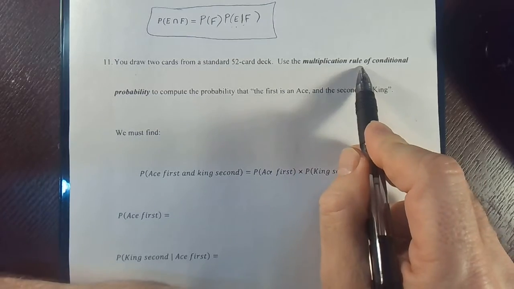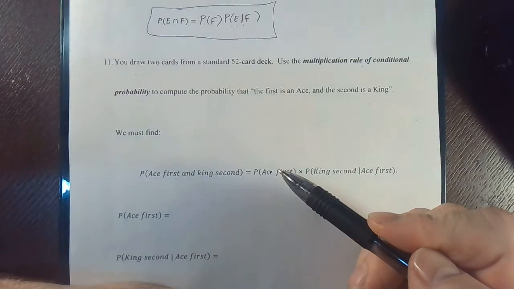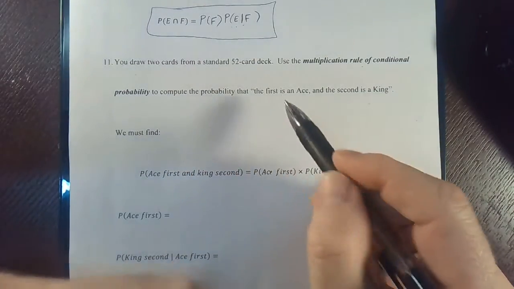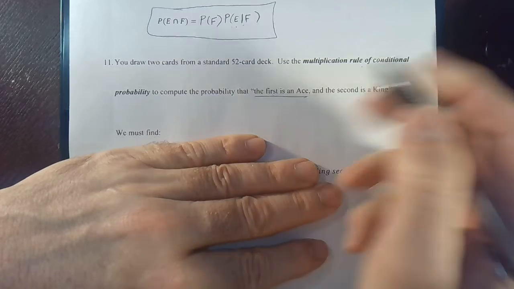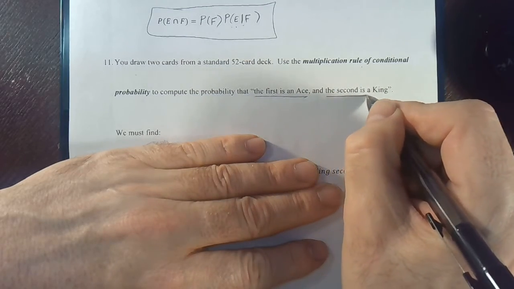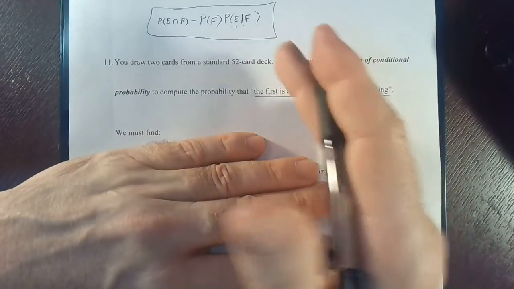Use the multiplication rule of conditional probability, this thing up here, to compute the probability that the first card is an ace and the second card is a king. There's some order here.